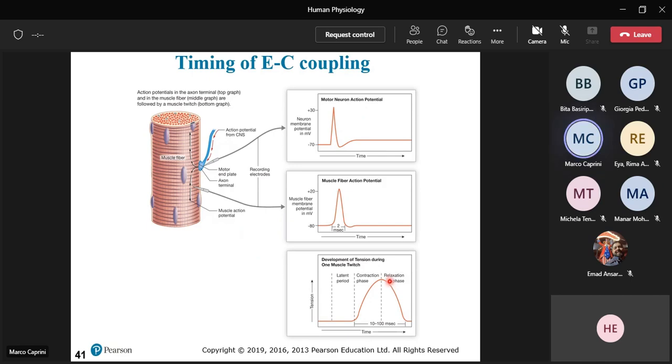The last thing for today I want you to see is there is a period here in which the action potential that is followed by the action potential in the muscle fiber, but is not followed by any type of reaction in the muscle.